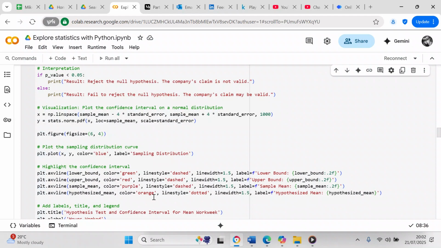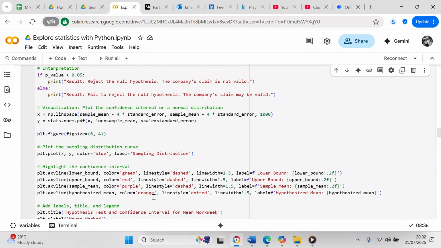plt.axvline of lower bound, comma, color equals green, comma, linestyle equals dashed, comma, linewidth equals 1.5, comma, label equals lower bound. plt.axvline of upper bound, comma, color equals red, comma, linestyle equals dashed, comma, linewidth equals 1.5, comma, label equals upper bound. plt.axvline of sample mean, comma, color equals purple, comma, linestyle equals dashed, linewidth equals 1.5, label equals sample mean.